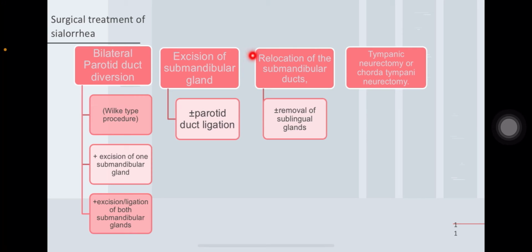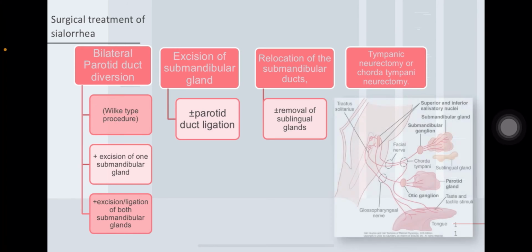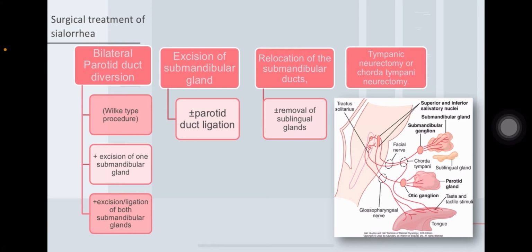Or we can do the relocation of the submandibular gland duct with or without the removal of the sublingual glands. Lastly, we can do the tympanic neurotomy or chorda tympanic neurotomy. I want you to notice that the chorda tympani nerve supplies the anterior two-thirds of the tongue, and also has secretory fibers that go into the submandibular and the sublingual glands.